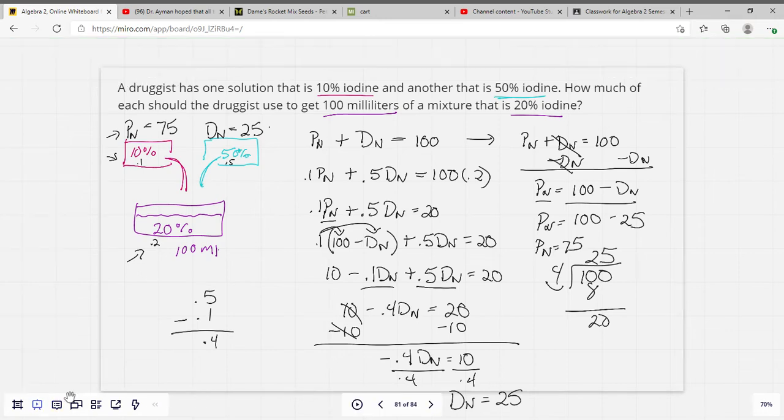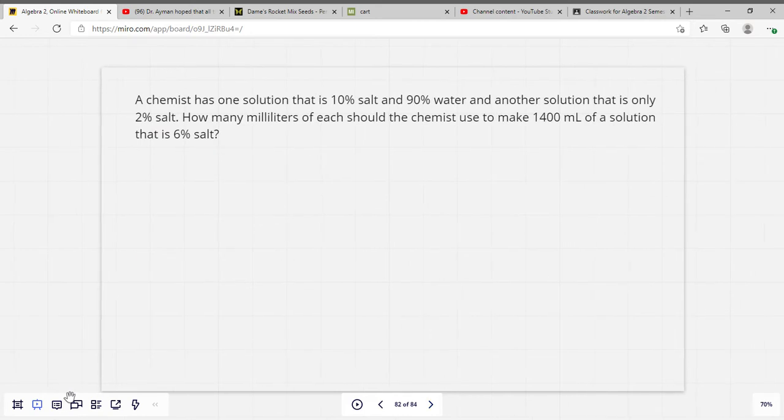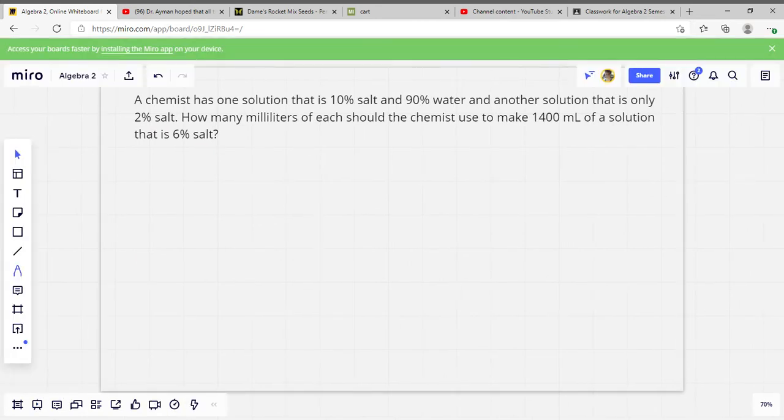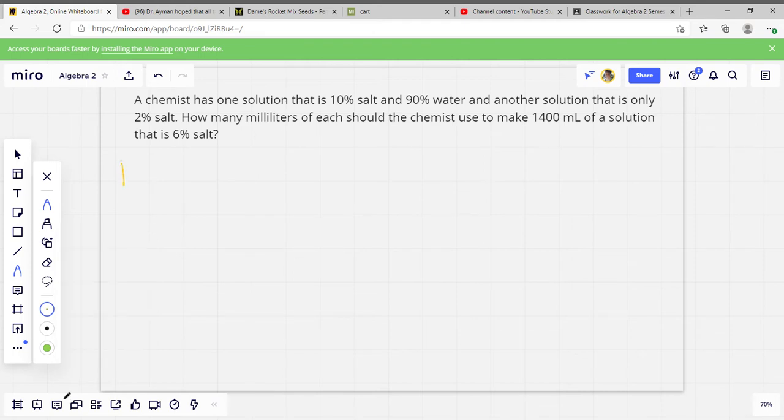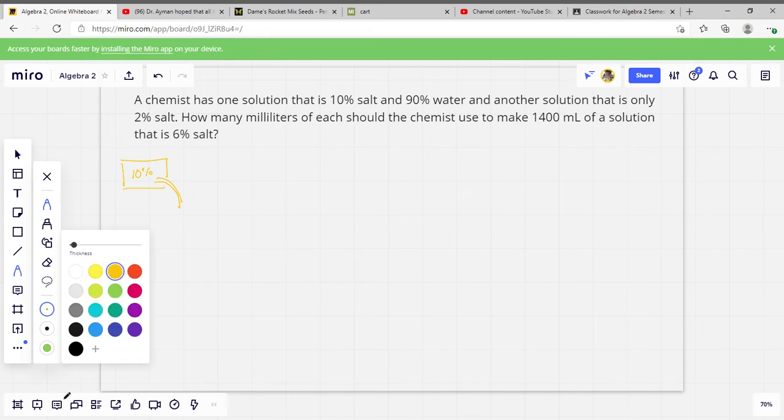Alright, let's try another one like that. A chemist has a solution that is 10% salt. So I'm going to use this orangey color. And that's 10% salt and 90% water. And another solution that is only 2% salt.